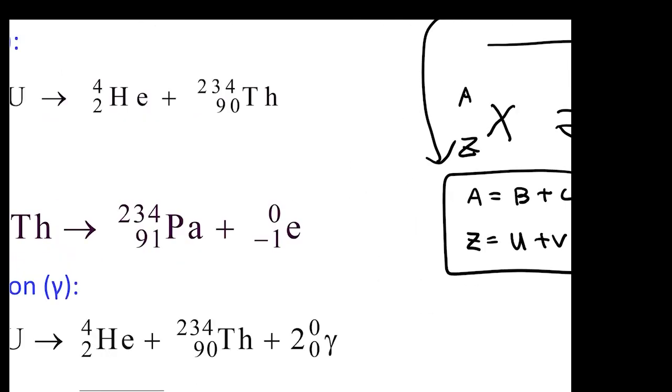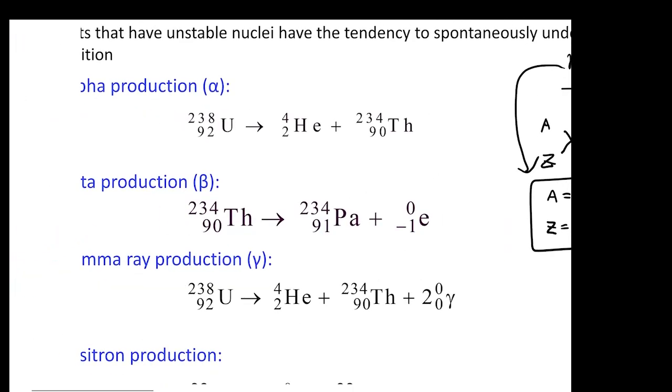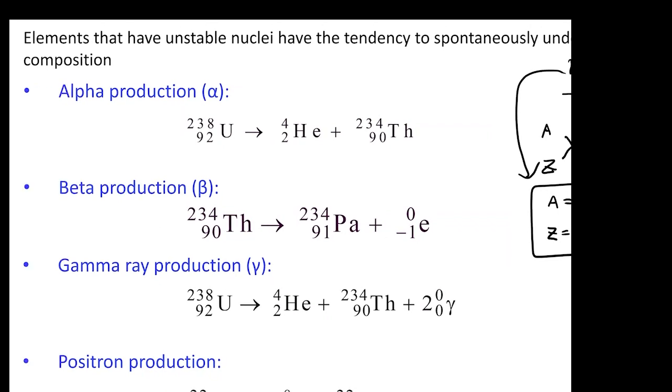With these things in mind, we can start to talk about the types of decays you are going to see if your nuclei is not stable. The first type is alpha production. So that's type number one. When atoms undergo alpha decay or alpha production, you will always see helium-4 appear.